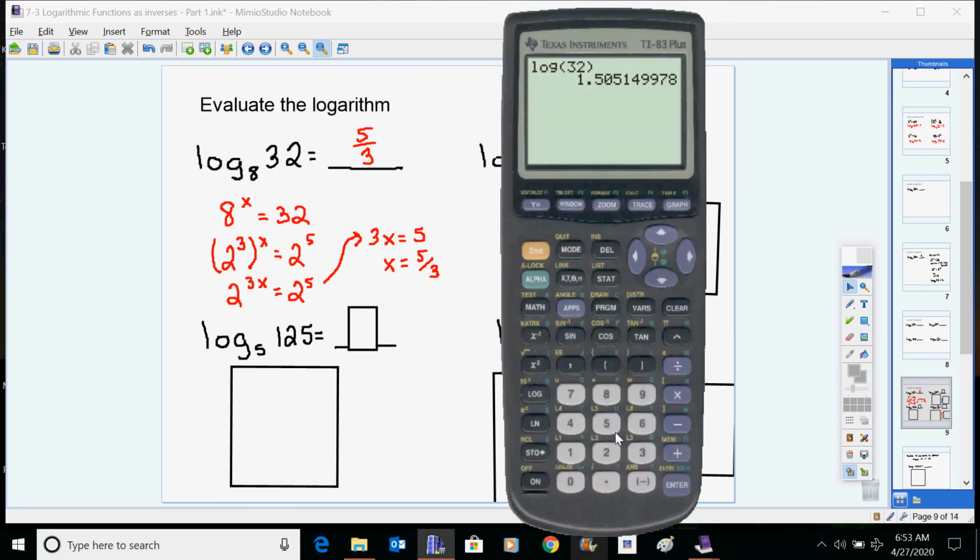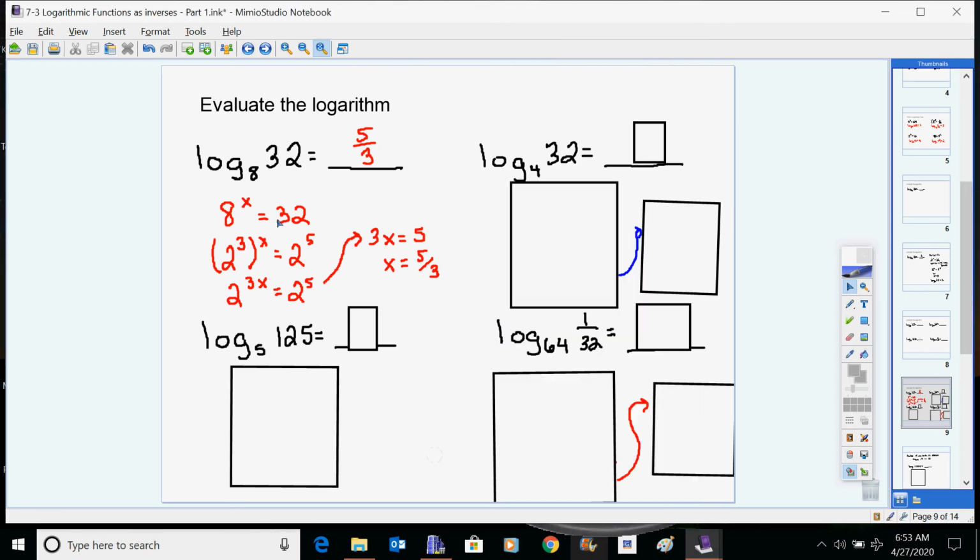You could say, I want to check, so I'm going to see if 8 to the 5/3 power, watch out for parentheses here, because it does make a difference, equals 32, and it does check out. So while we don't have a change of base key on there, we can do things to check your answer once you're done. So these steps are important.